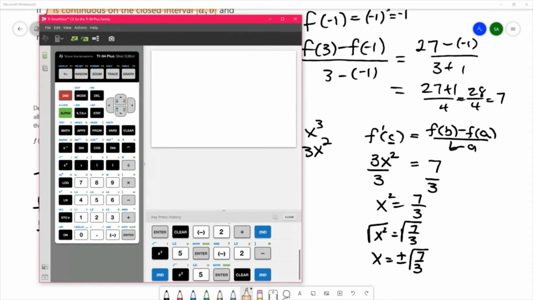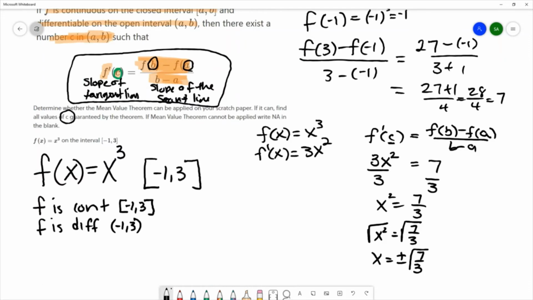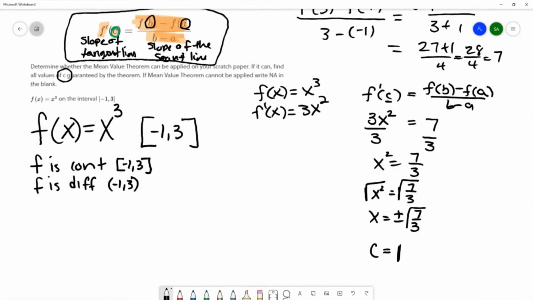Let's calculate the square root of 7 over 3. That's about 1.5. So c equals square root of 7 over 3 is 1.5, and then negative square root of 7 over 3 would be negative 1.5.